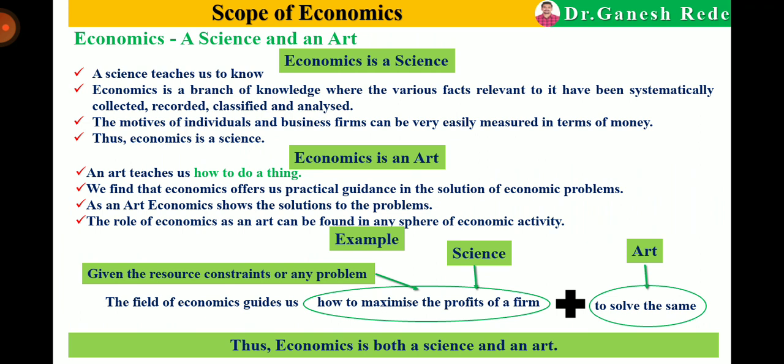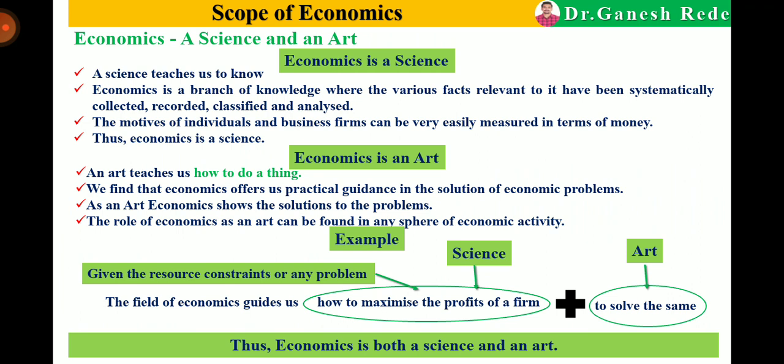Now we'll take one example. Given resource constraints or any problem, the field of economics guides us. Suppose I have a farm and my problem is how to maximize the profit of the farm.